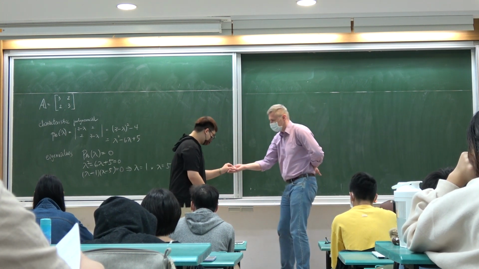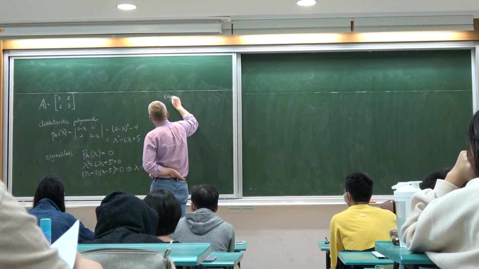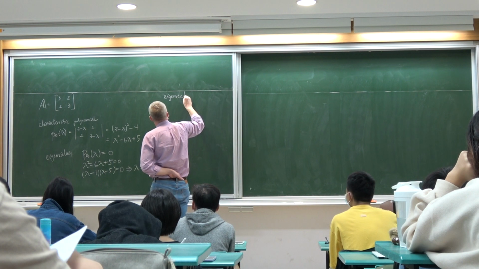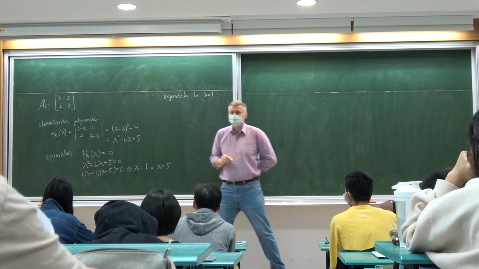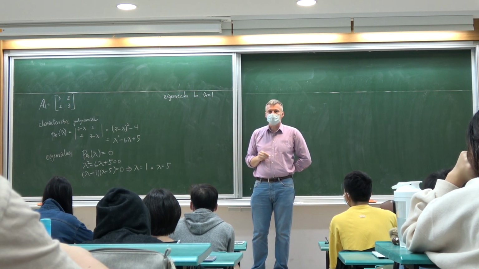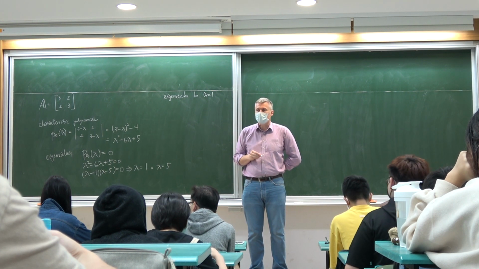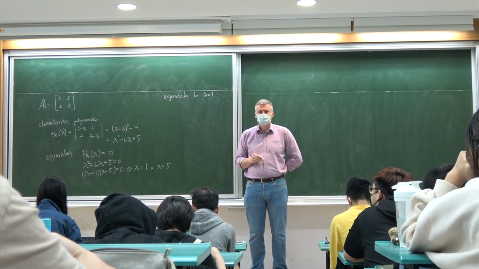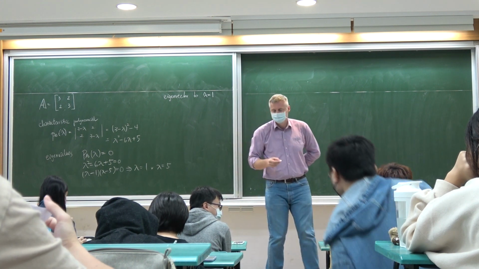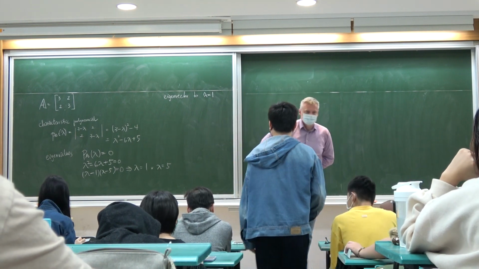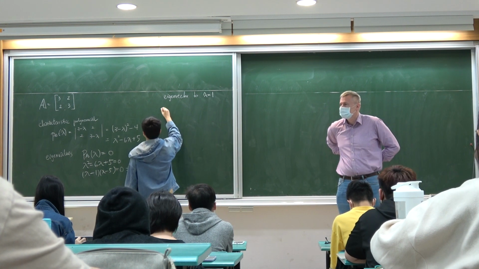Good. Who? Eigenvector for lambda equal 1. Come on. Easy. Even if you do wrong, nothing happens, but you practice.